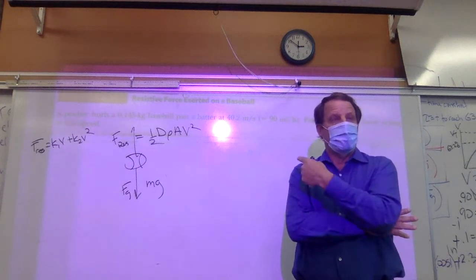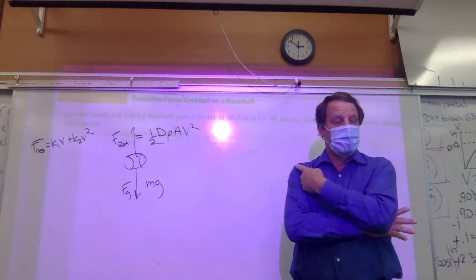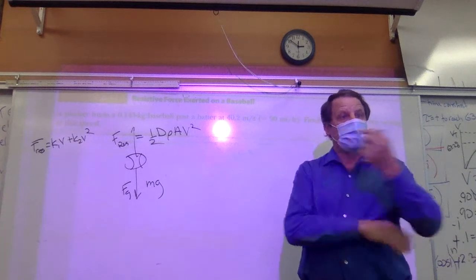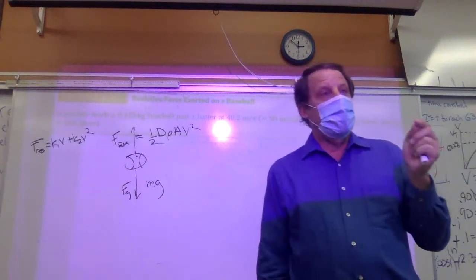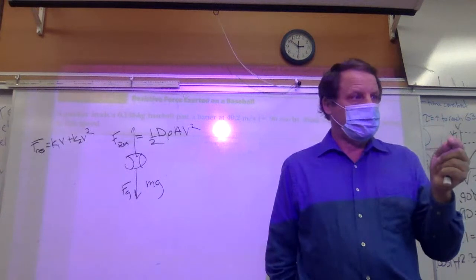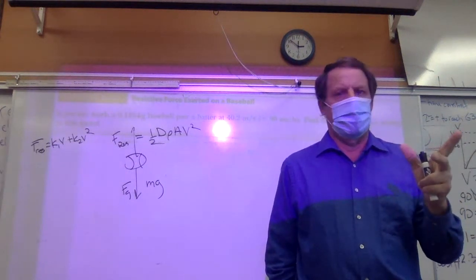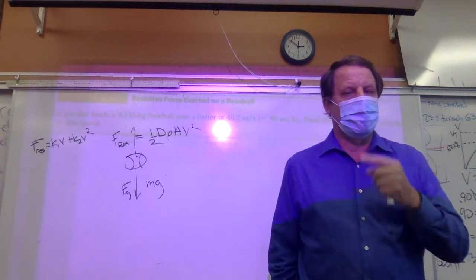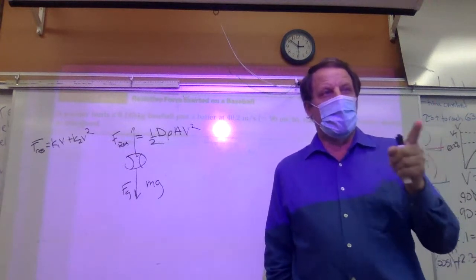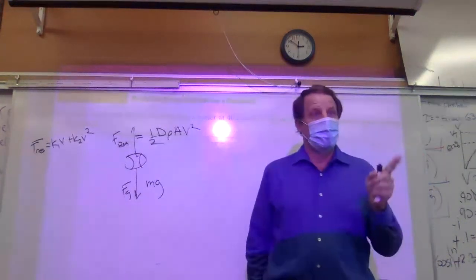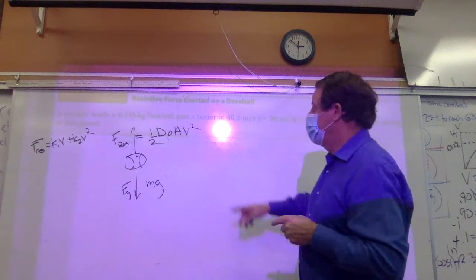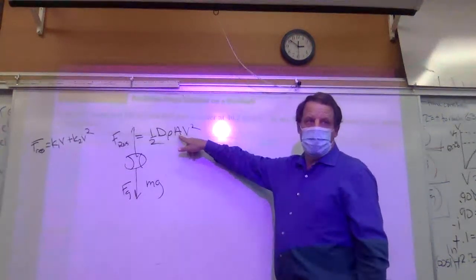Now, some of the information that we need for this question is in table 6.1, I think, or whatever. I'm going to show you here in a second on the board, and you are going to need to look that up to get the cross-sectional area.